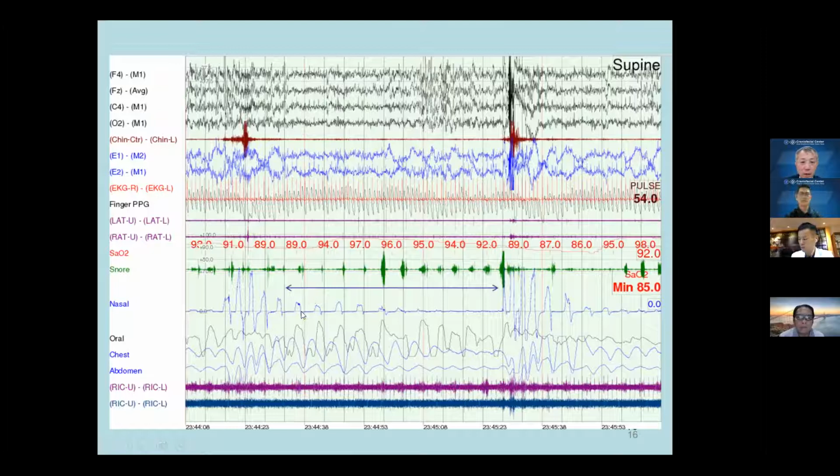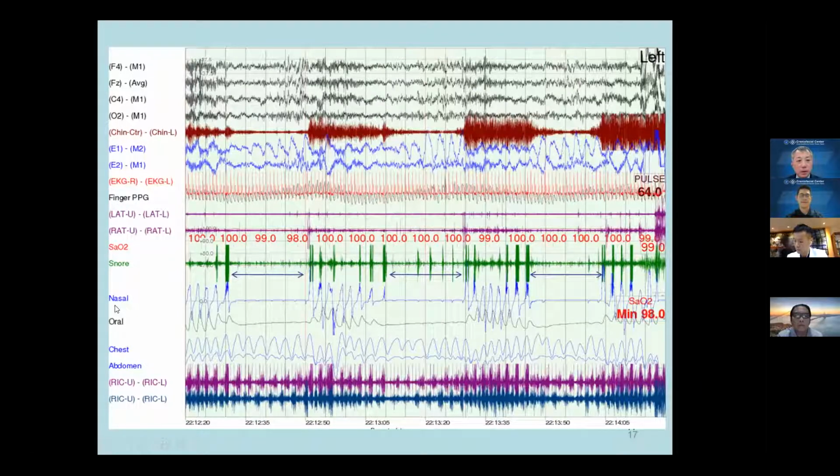So if the total breathing wave through the nasal or oral route is decreased more than 30%, and then you can see the desaturation here by more than 3%, that's the AASM criteria of hypopnea. And then if both the nasal curve and the oral curve disappear, this is the obstructive apnea.